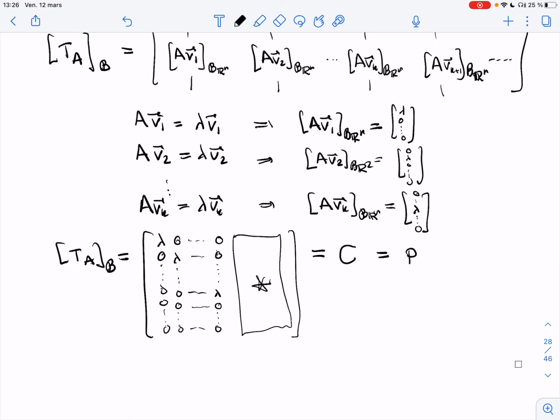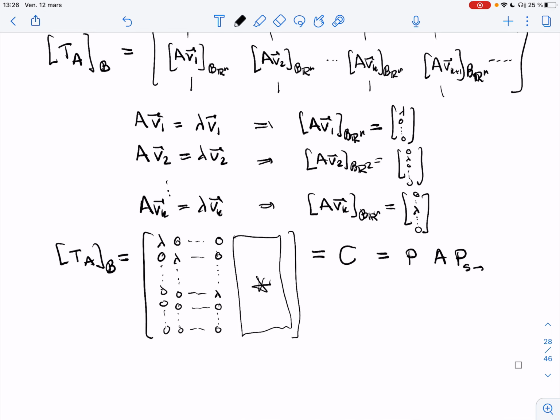That matrix is similar to A. In fact, it's a change of basis away, so it's going to be P from S to B times A times P from S to B inverse.